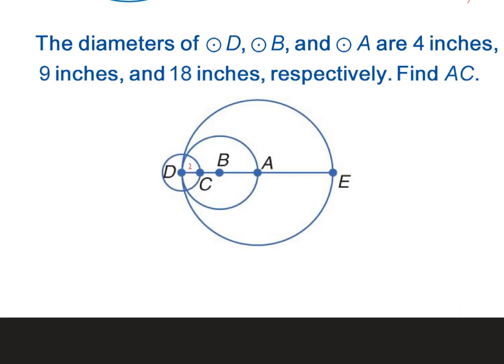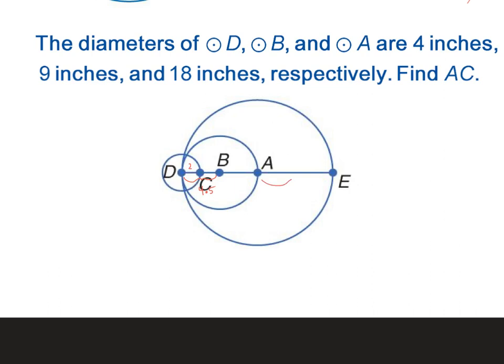That also means that the radius for circle B is 4.5 inches, because that's half of 9. And then it says that the radius for circle A is going to be 9 inches.